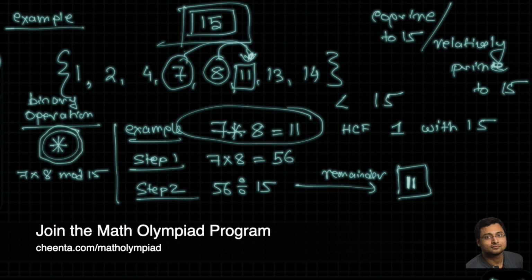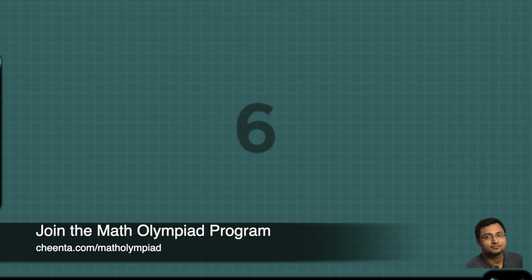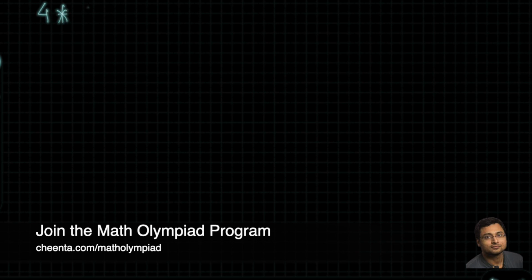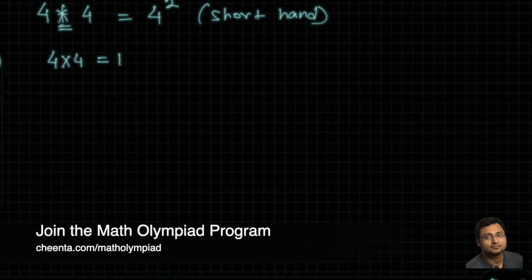So you can do the binary operation of 2 with itself, 4 with itself, 7 with itself, and so on. So let's do that. Let's do the operation of an element with itself. So if you star 4 with itself, you can write it as 4 square in a shorthand. But remember, the operation is star. Then what do you get? Okay, step 1 is 4 times 4, you get 16.